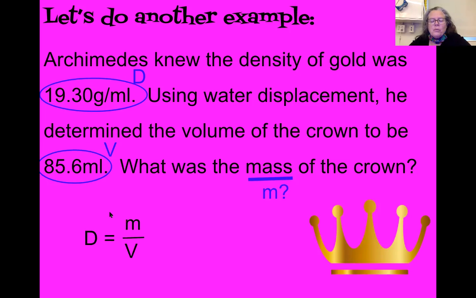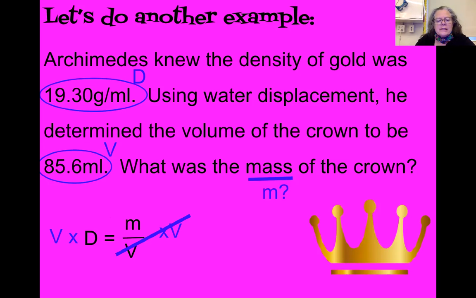Anyway, so we have the original formula, which is density is mass over volume. Well, I don't want that. I want mass by itself. So I need to get rid of the V on the right-hand side. And most of you will know that I have to multiply both sides by V. All right.